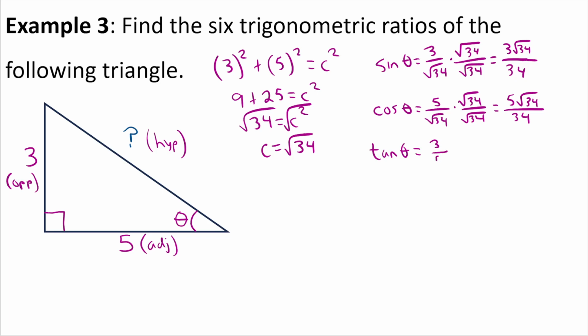Nothing fancy here. And then the reciprocals: cosecant of theta equals root 34 over 3, and we don't need to rationalize here because there's no radical at the bottom. Secant of theta, once again we're not going to rationalize, is root 34 over 5. And cotangent of theta is 5/3.